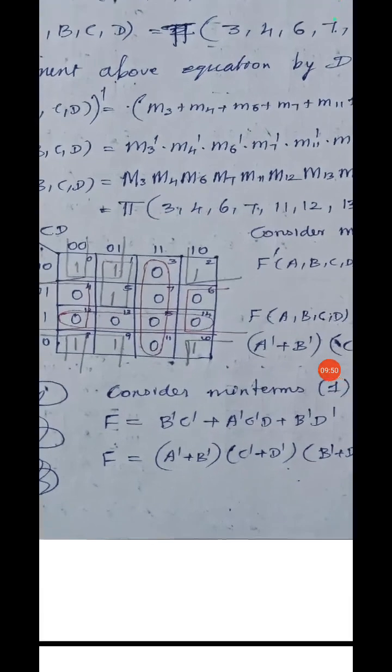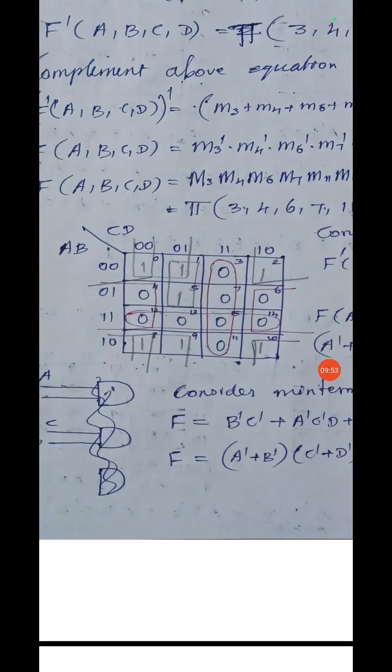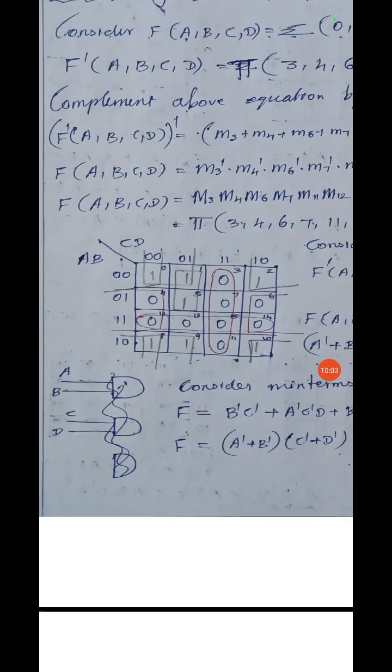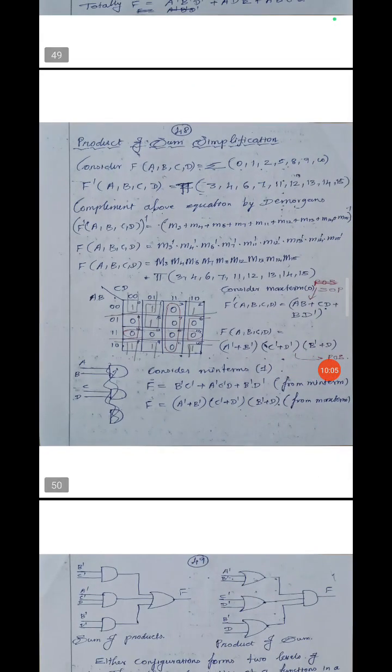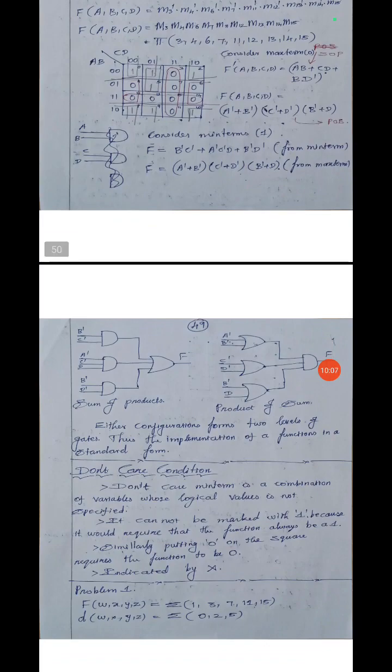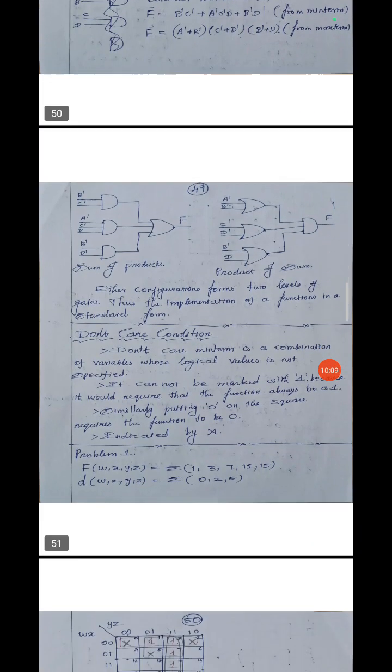Here two things are in a single K map. The zeros represent product of sum, the ones represent sum of product. Both are different. Don't get confused; most of the students get confused in this.